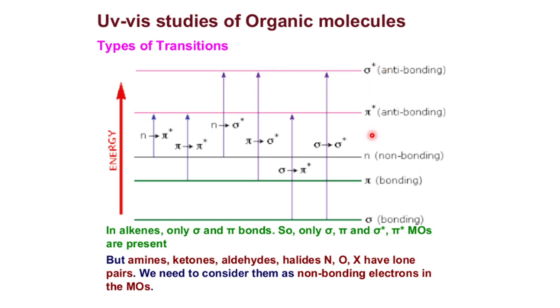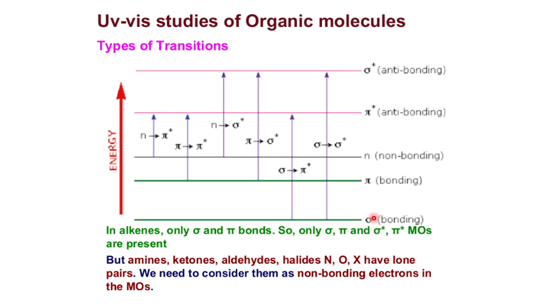What do sigma star and pi star mean? These are basically molecular orbitals. When two atoms form a molecule, the valence orbitals of the atoms participate to form molecular orbitals, and based on energy they are oriented.